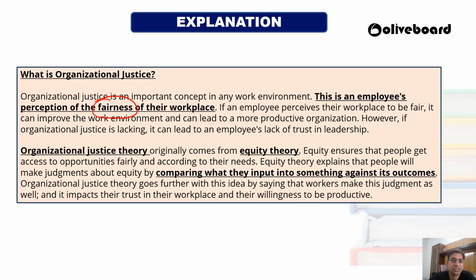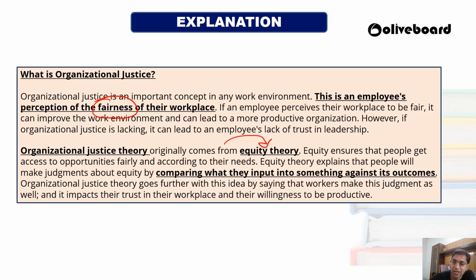Organizational justice is lacking when employees have a lack of trust. Whenever employees have trust, it is called a good, fair workplace, and when employees do not have trust in the leadership, the organizational justice is lacking. This organizational justice theory works on the equity theory.